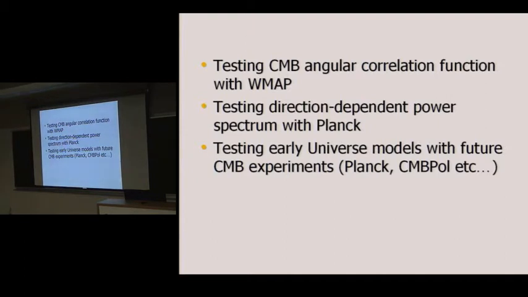Some people have done this work with WMAP, and here I'm showing we do some forecasts for fun as well. The third one, probably a little more interesting for the theories, is testing different models of the early universe and forecasting the detectability of these models from future CMB experiments, from CMB-S4, etc. We may focus on the detection from the B-mode polarization.